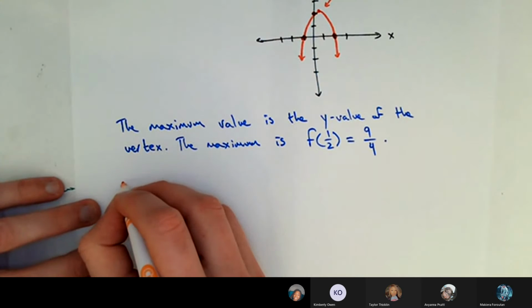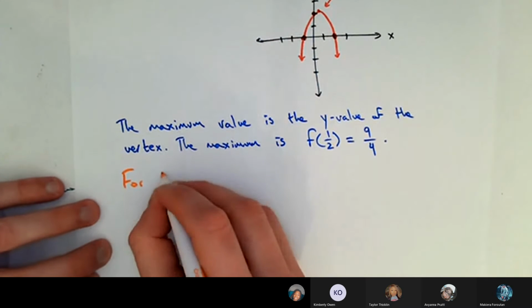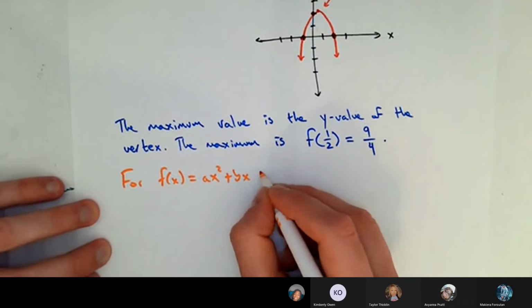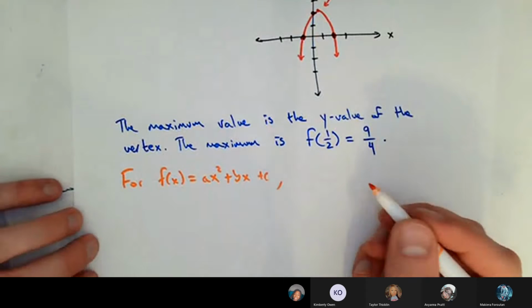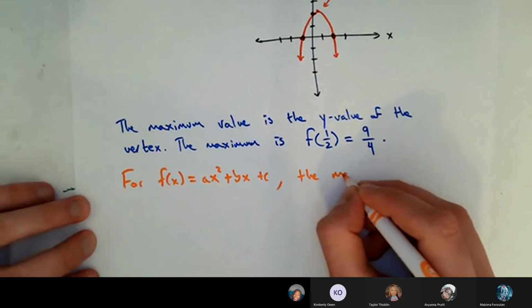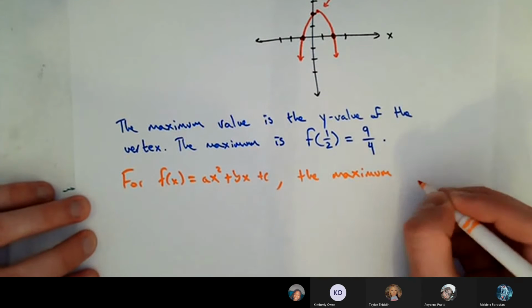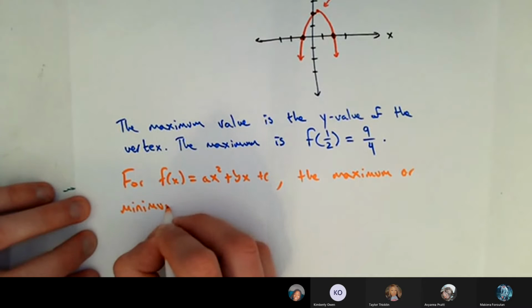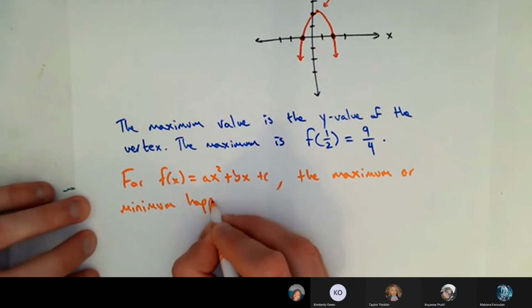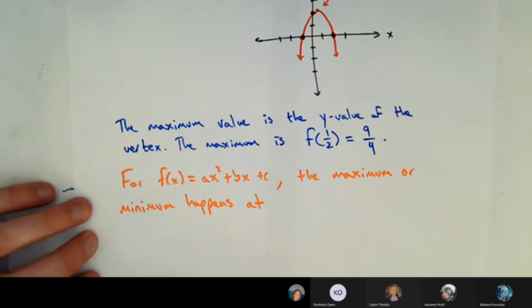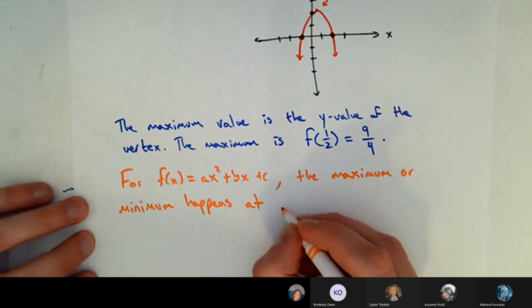Okay, so here it is. For f of x equals ax squared plus bx plus c, the maximum or minimum happens at, so I'm not telling you what it's going to be, I'm going to tell you where it happens, and you have to be able to evaluate it.